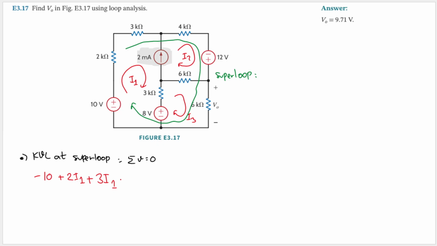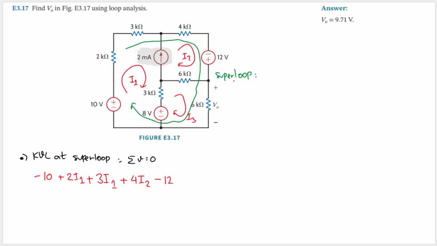And then we will have plus this 4 kilo ohm resistor, so we'll have 4 multiplied by the current, which is I2 here. Then here we have another voltage source, and the current is flowing from negative to positive, so we will have minus 12.